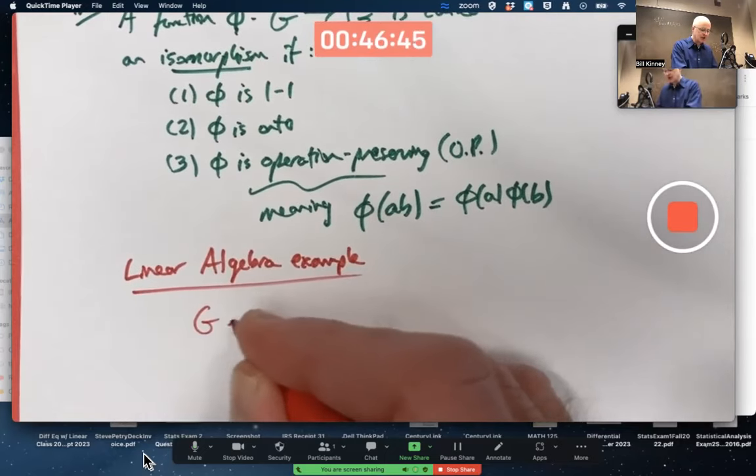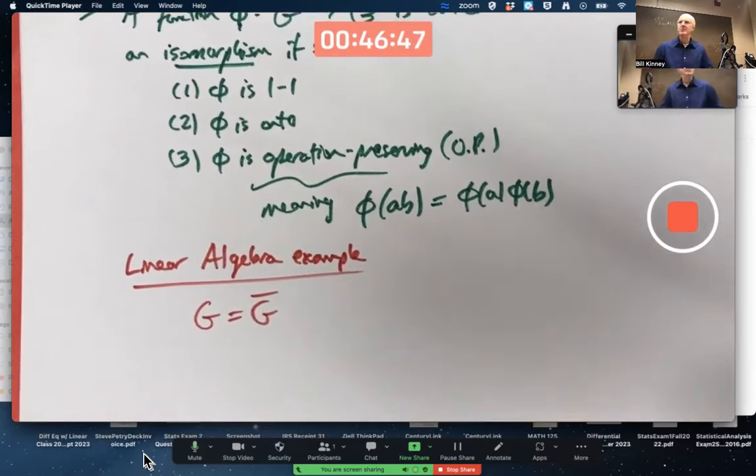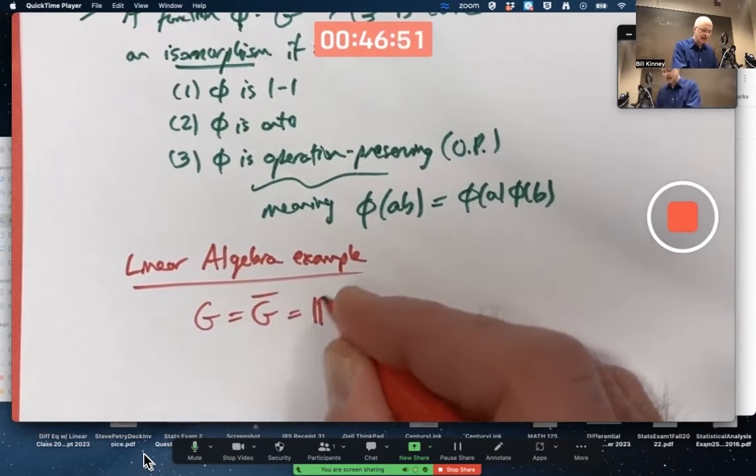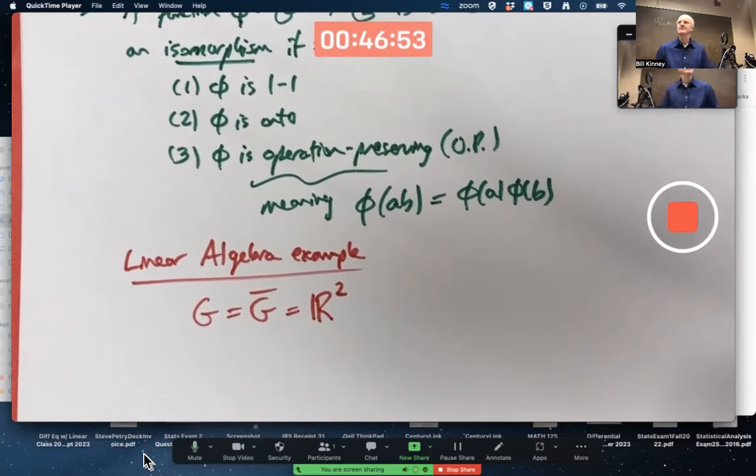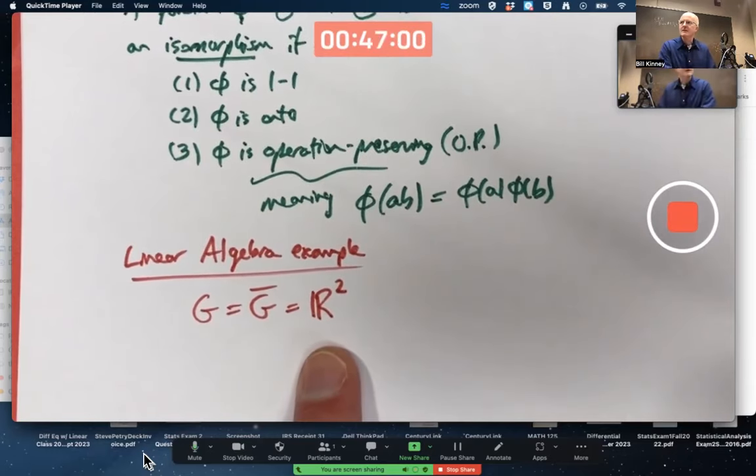Let G and G bar be the same group, which is, let's say, the plane R2. In linear algebra, you could call R2 the plane, two-dimensional space if you wanted to.